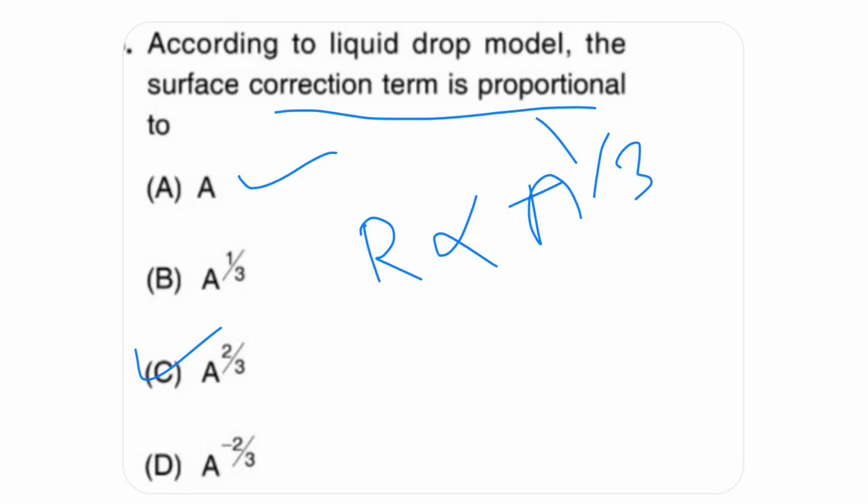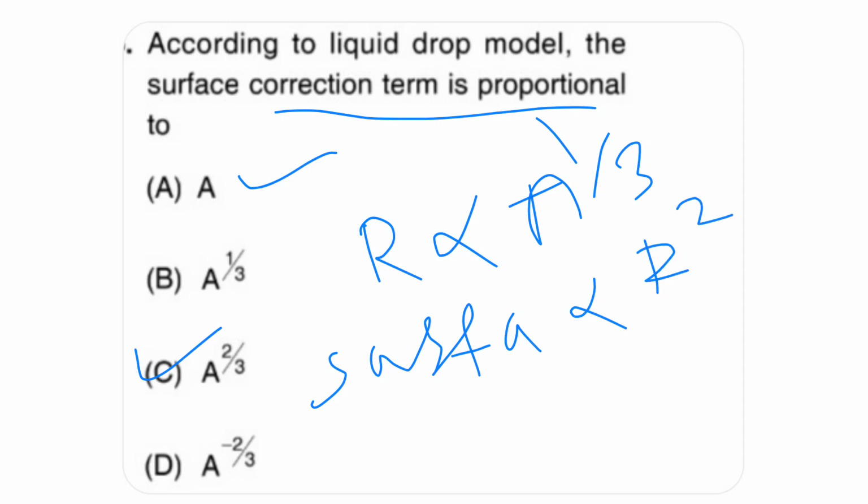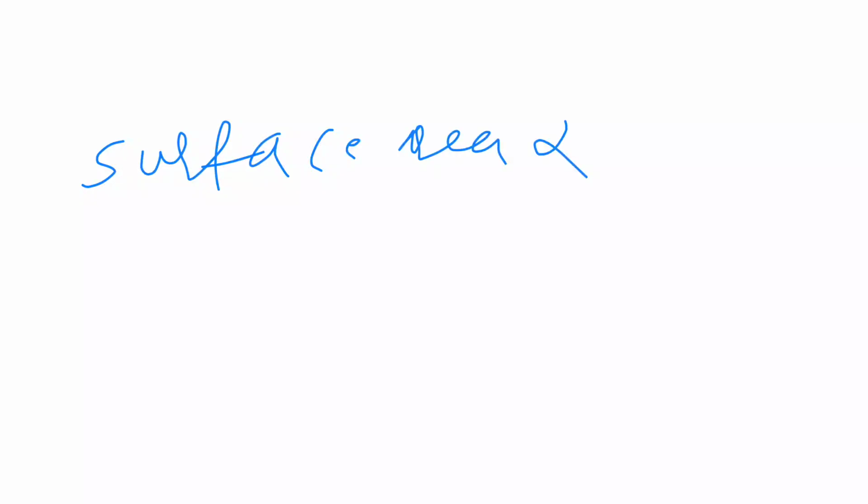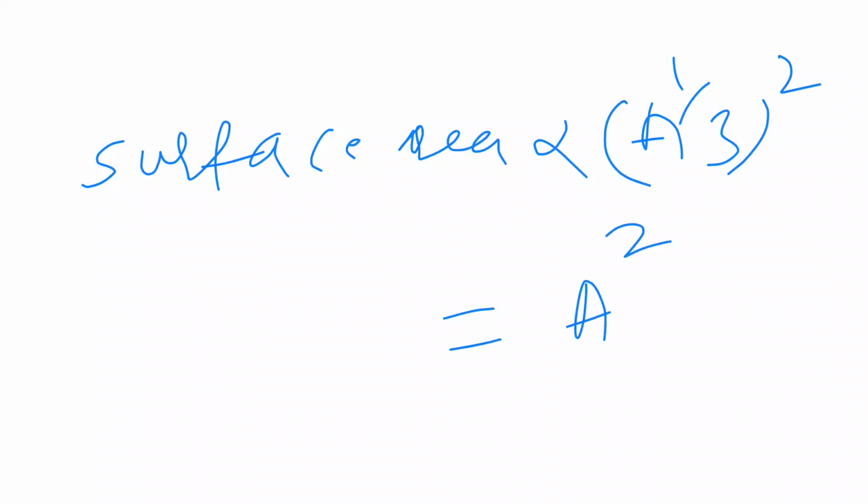So surface area is directly proportional to R square. So surface area is directly proportional to the mass number raised to 2 by 3, equal to A raised to 2 by 3.